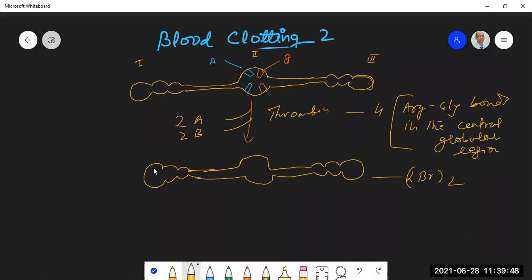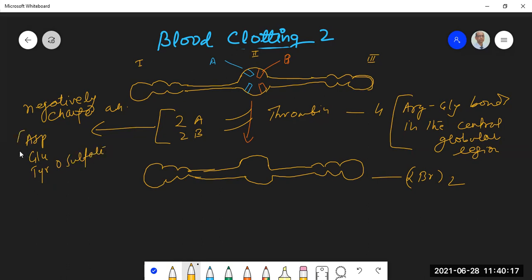Fibrinopeptides have been freed. What was found out is that these fibrinopeptides are rich in negatively charged amino acids. So you know what are the negatively charged amino acids? They are rich in aspartic acid, they are rich in glutamic acid, and there is one unusual amino acid present in them, particularly in fibrinopeptide B, which is tyrosine O sulfate.